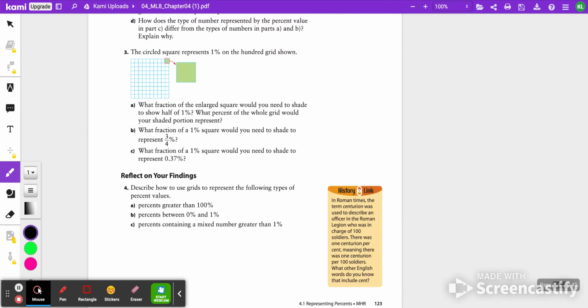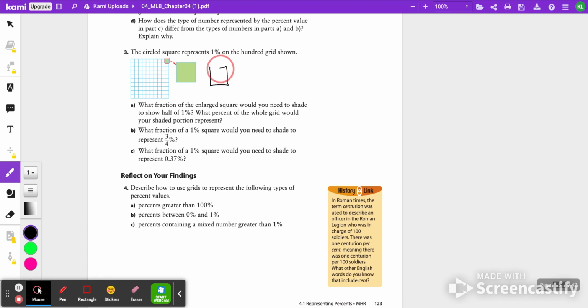We can represent percents that are greater than 100% or less than 1%. So on a 100 grid, which you're working on today, each little square represents a percent. So if I have a fraction percent, like 3/4, I'm going to have less than a little square filled in.